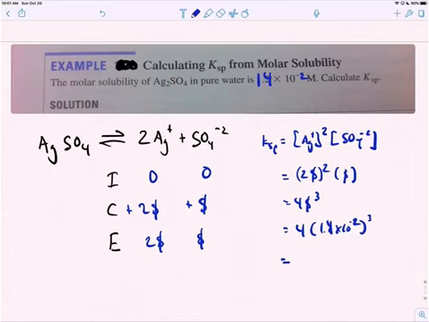So putting that in your calculator, you get 1.1 times 10 to the minus 5. Okay, there we go. I did not realize there was a mistake there. Sorry about that, folks. So this is a similar problem as the other one, but you're just kind of switching around the numbers there.